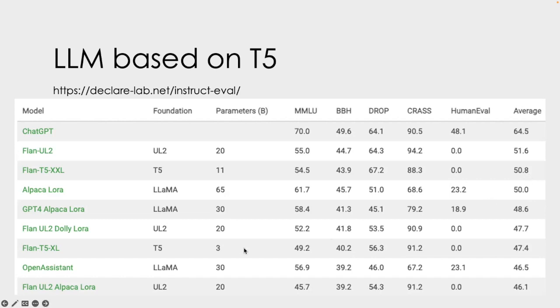This means T5 is an effective structure, and since it's smaller, we can adapt it for specialized tasks at a much lower cost compared to 100-billion-parameter LLMs. In upcoming sessions, I may also want to dive into the UL2 models and the LLaMA models.